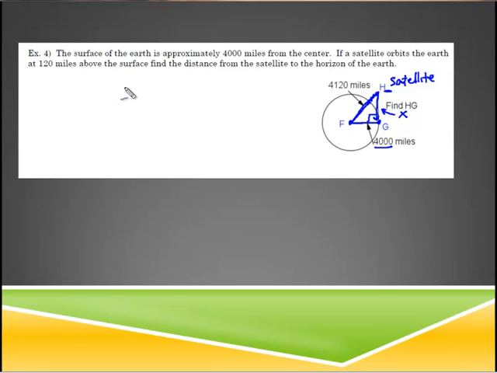So I'm going to set up my Pythagorean theorem that says 4,000 squared plus x squared is equal to 4,120 squared. Because remember, this 4,120 is my hypotenuse. Now, I've got to check out my notes here. I'm going to subtract my 4,000 squared from both sides. And remember, I'm going to square them first, so I can't say that this is equal to 120 squared.